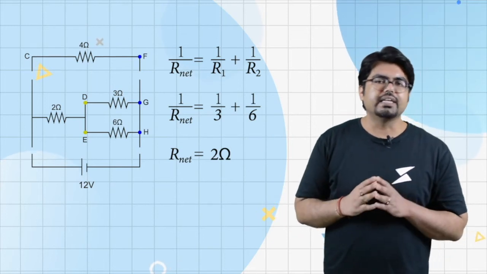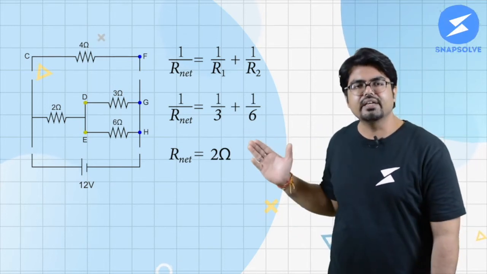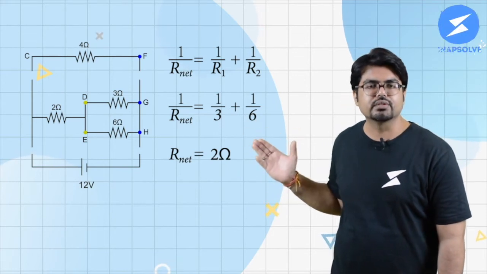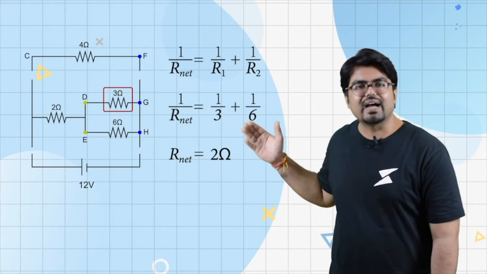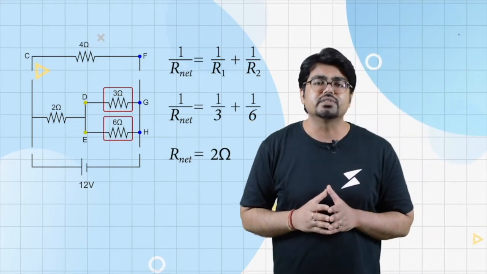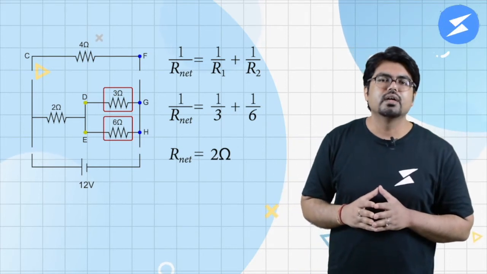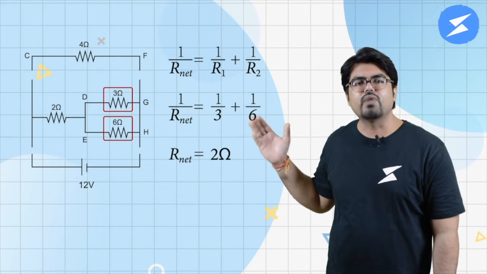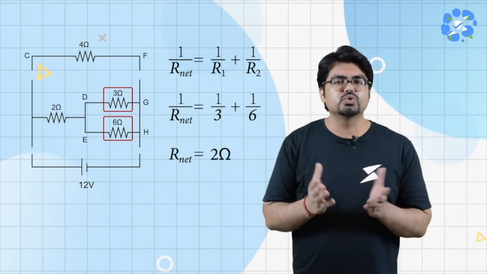You can also see that D and E are at the same potential and G and H are also at the same potential. So these 3 ohm and 6 ohm resistances are also across the same potential difference and hence they are in parallel. Just like before, we can calculate their net resistance and its value will come out the same, that is 2 ohm.